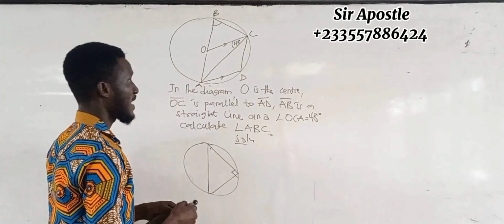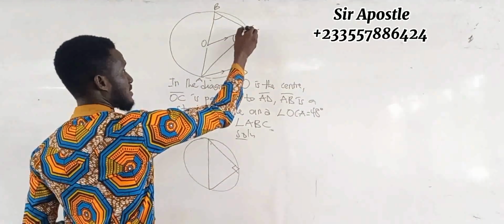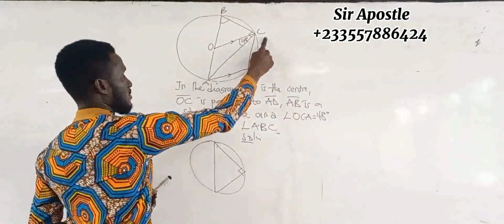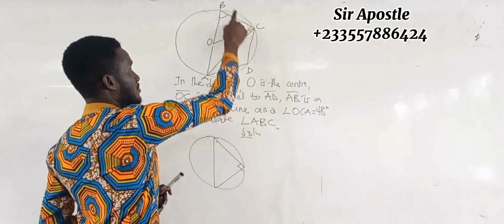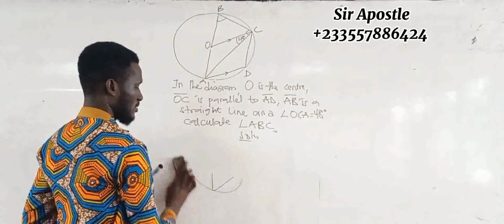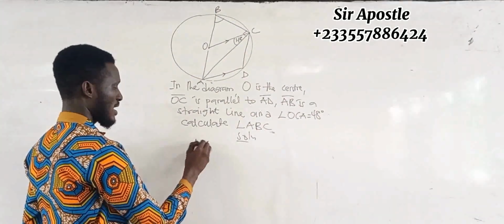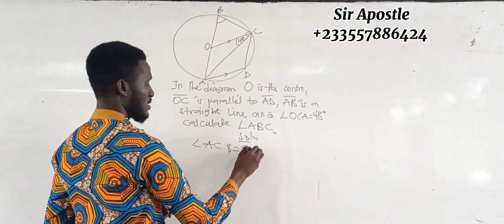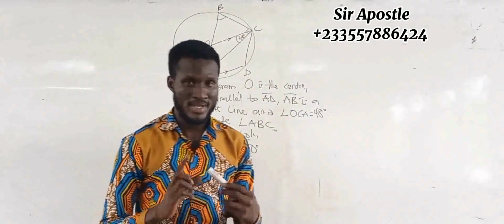So the angle formed at C, angle ACB, is 90 degrees. That is from our diameter rule.